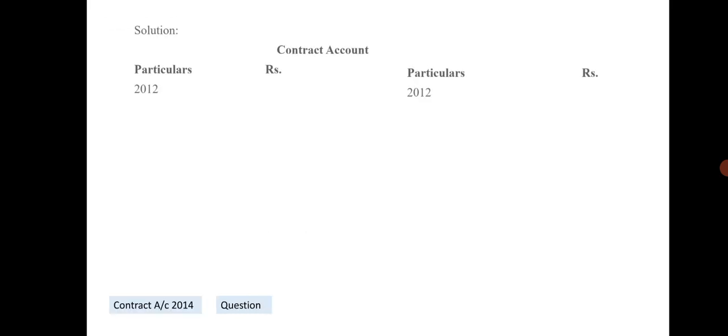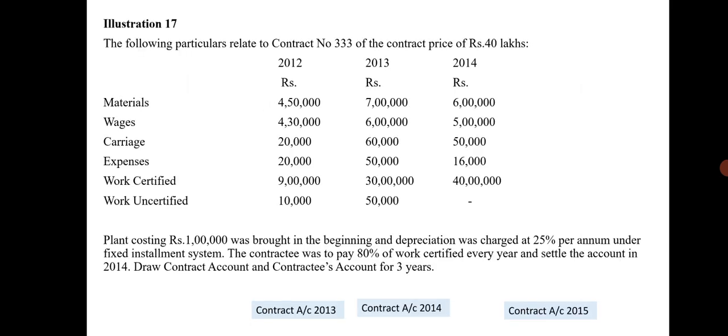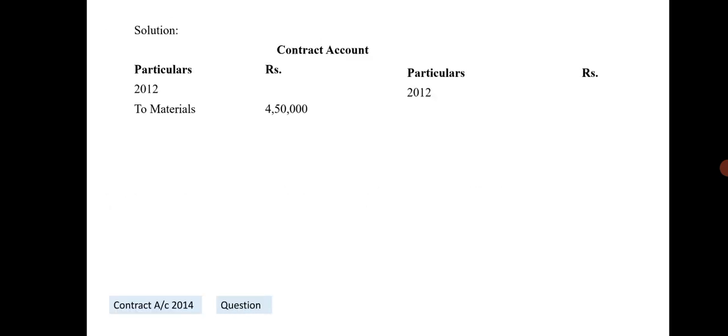When we bring down both the debit side and credit side, first we mention the 2012 values. Let's see the question once again. Materials 4 lakh 50, that is an expense, wages 4 lakh 30, that is an expense, carriage 20,000 and expenses 20,000. All these items must come in the debit side.